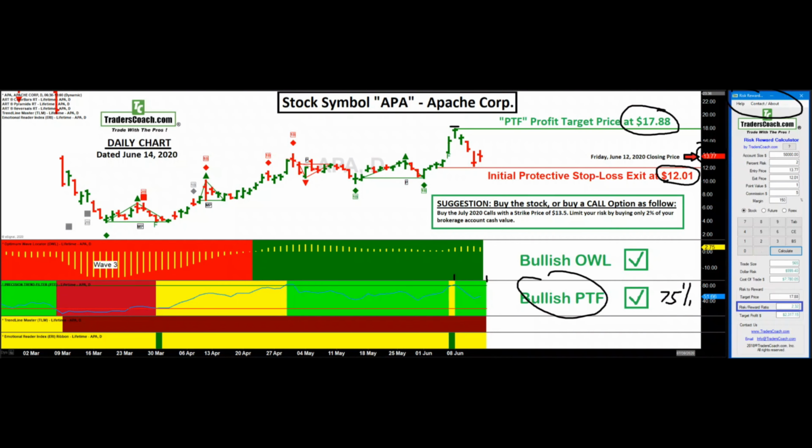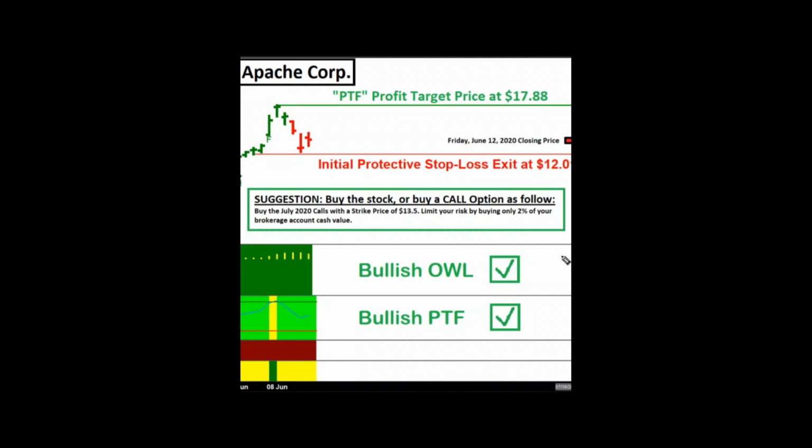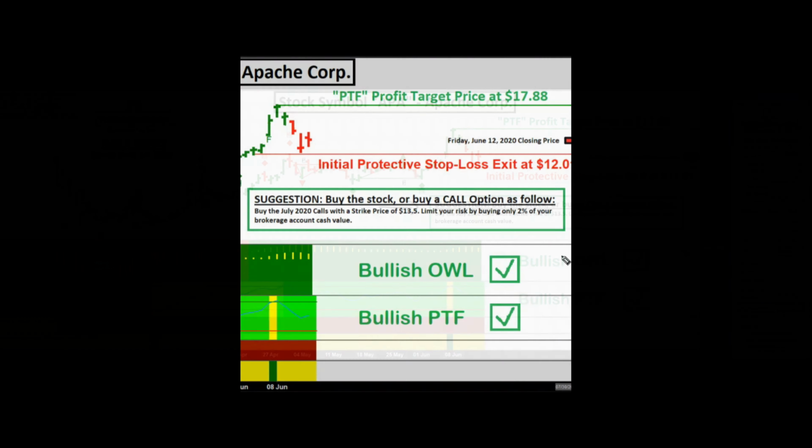Now one more thing to talk about is we also like using options on trades like this. And we recommend the July 2020 calls. A simple option play is to buy the calls with a strike price of $13.50. Now, we want you to be careful with risk control. So a really cool and simple way to do that with options is just don't buy any more than 2% of your brokerage account value.